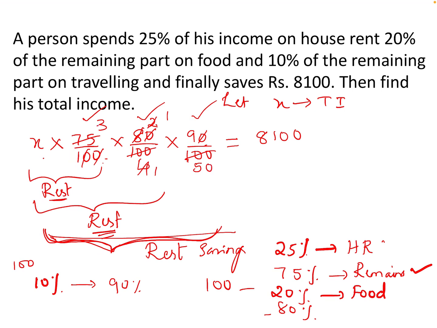Now 3 nines are 27, 27 3s is 81. Zeros as they are. So now further we cannot cancel, therefore x is equal to 300 into 50, which is 3 5s are 15 and 3 zeros as they are, so 15,000 is his income.